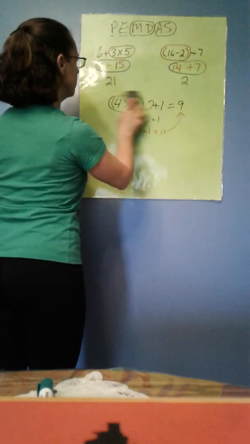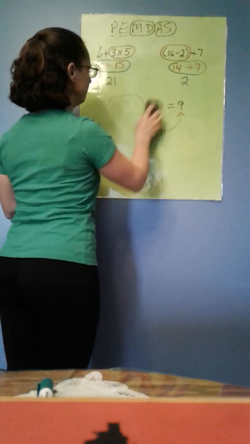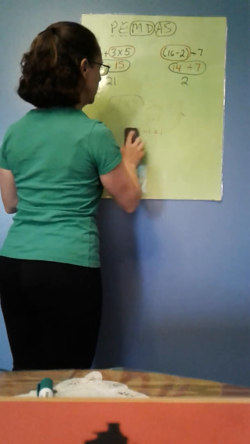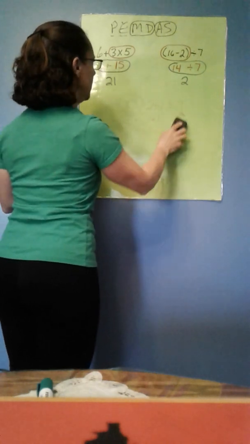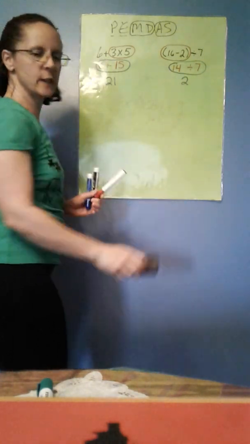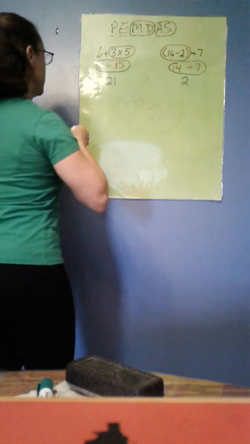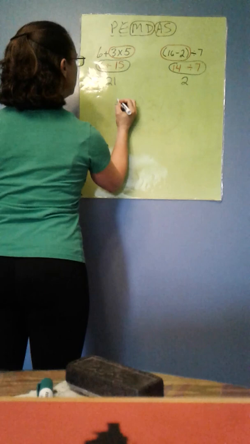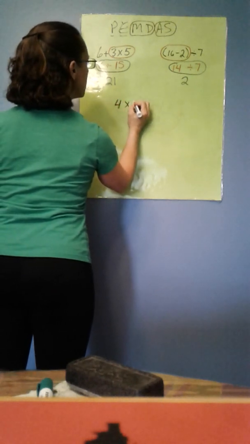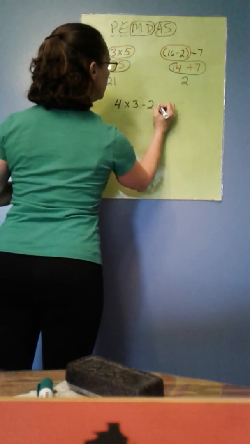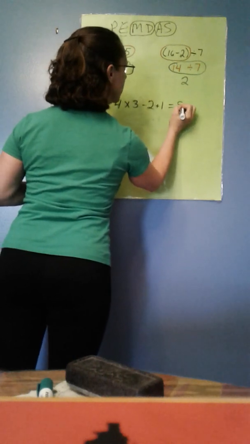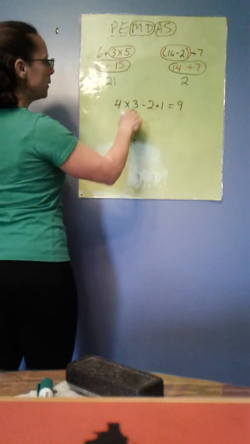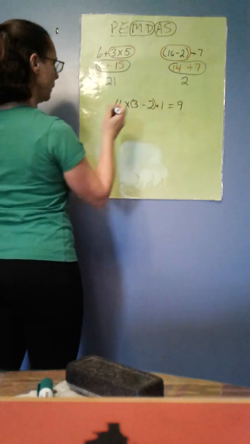So let's start this over and try it with the brackets in a different spot. So the question was 4 times 3, subtract 2 plus 1, and we want it to equal 9. So the brackets didn't work here, let's try them here.